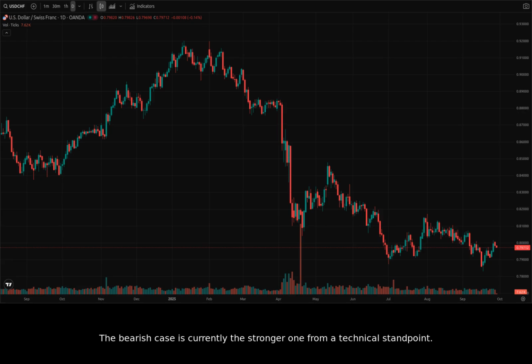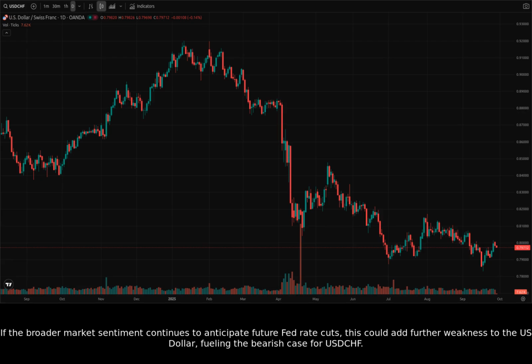The bearish case is currently the stronger one from a technical standpoint. The dominant long-term trend is down, and we just witnessed a clear rejection at a major resistance level of 0.8000. If the broader market sentiment continues to anticipate future Fed rate cuts, this could add further weakness to the US dollar, fueling the bearish case for USDCHF.